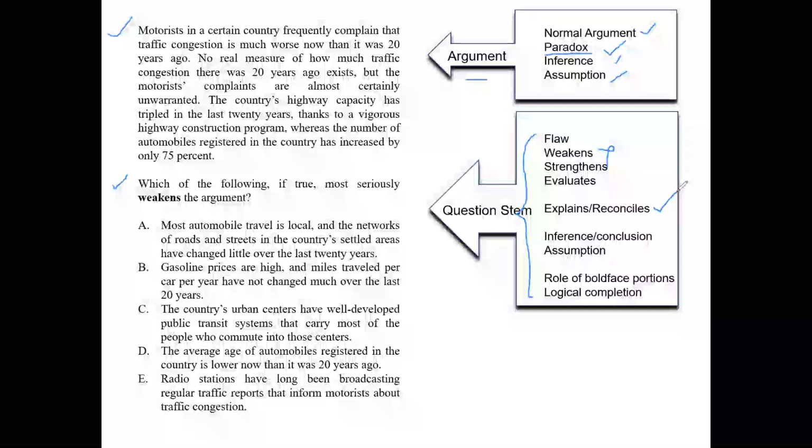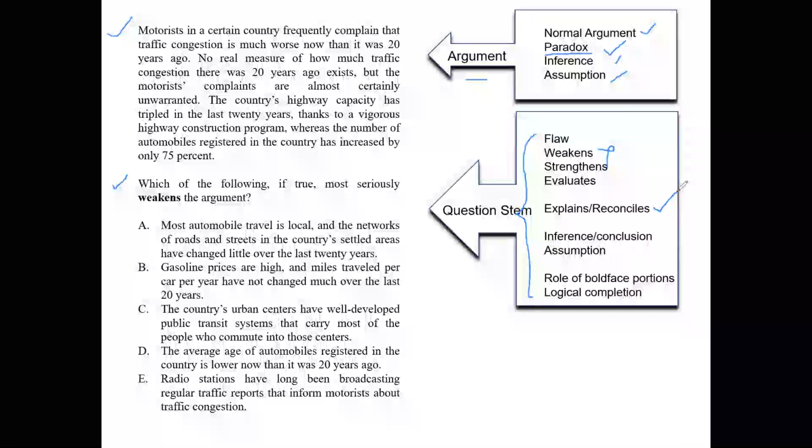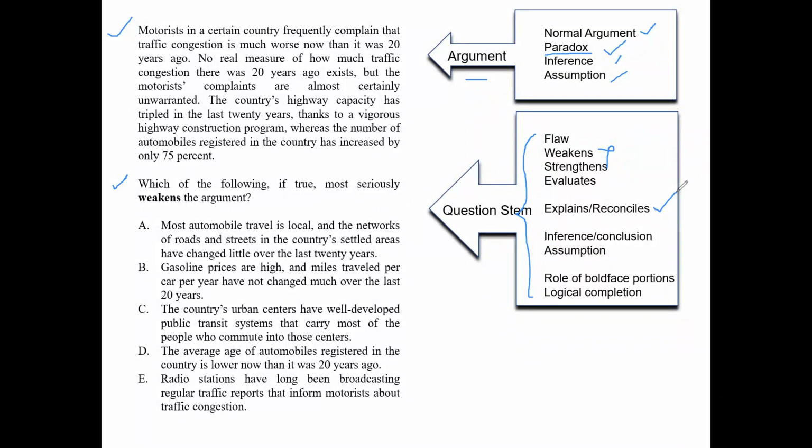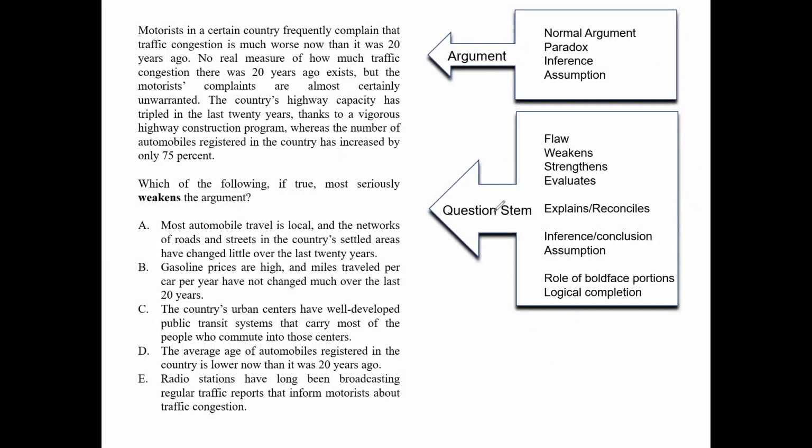Then you can properly prepare a correct answer to counter a question. If you don't have that knowledge, things become very critical for you. You have to put a lot of effort to find out a correct answer. So what I teach is in every session, I make you understand different types of arguments, different types of questions, how to find out a correct answer for each and every type of argument.